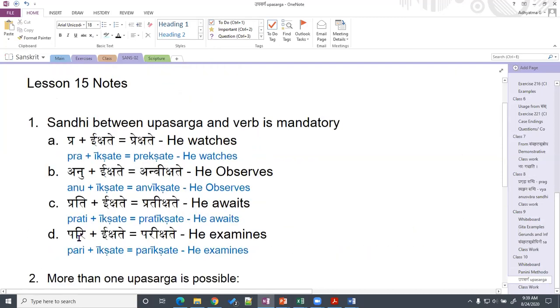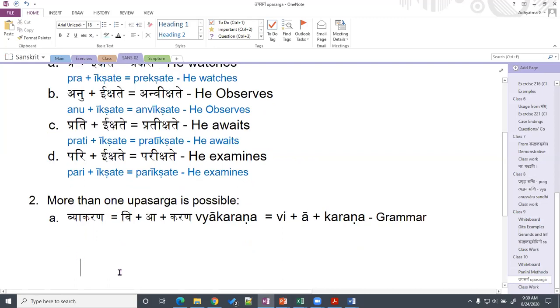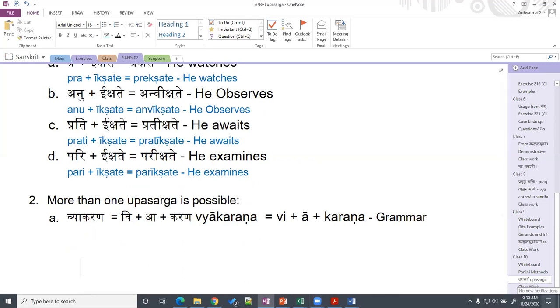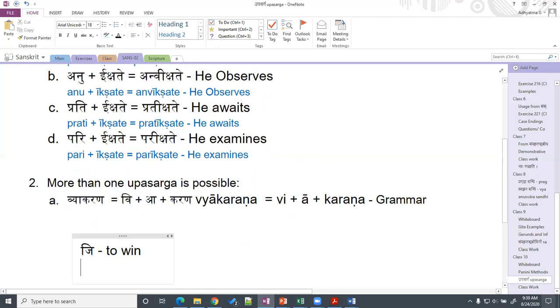Another thing which can happen with an upasarga is a verb can change from parasmaipadi to atmanepadi. Not very common, but it's possible. So for example, ji is a verb, means to win. And if I make a simple tense, lat lakara, it becomes jayati.